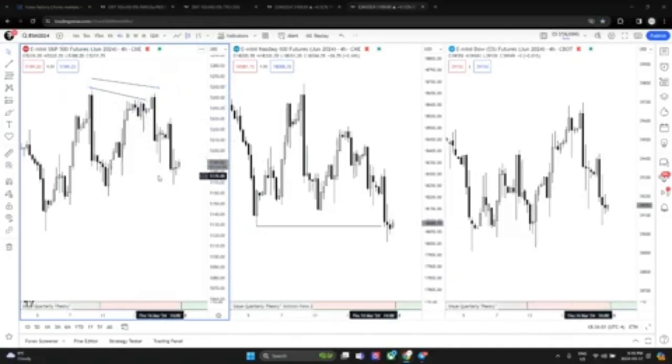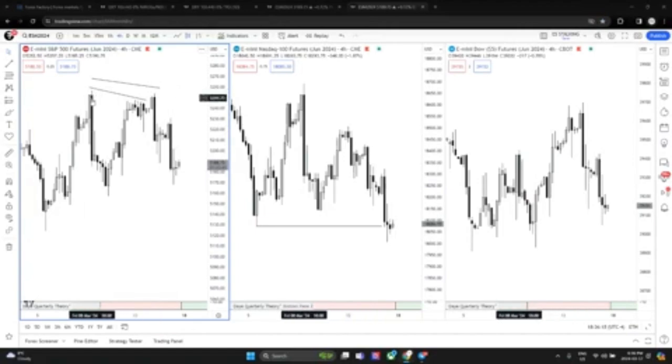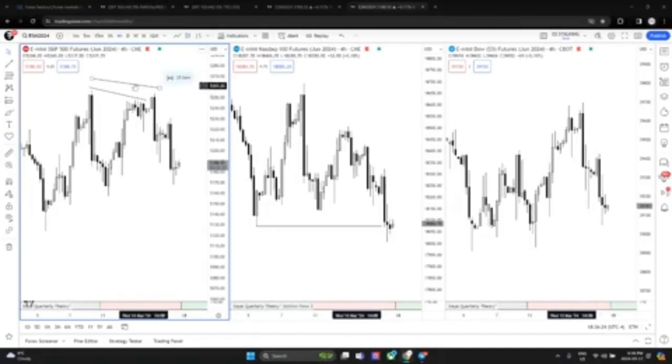Why not? Because we did not have a lower time frame cycle sequential SMT, which we did have here, when this candle traded above this high. So between this sequential SMT and this one is the one that will work.